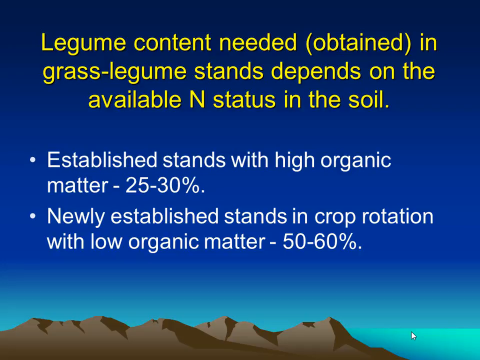No, the legumes. If you're talking ladino clover or red clover, it could be either dry weight or surface cover. We found that as long as we're talking ladino type white clover and red clover, surface cover is pretty much the same as percent dry weight. So thank you for asking that question.